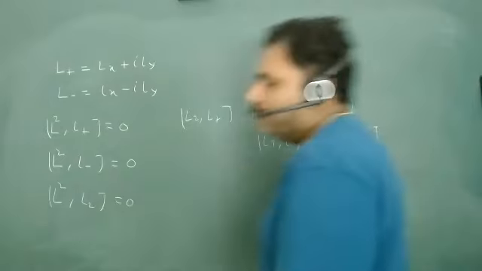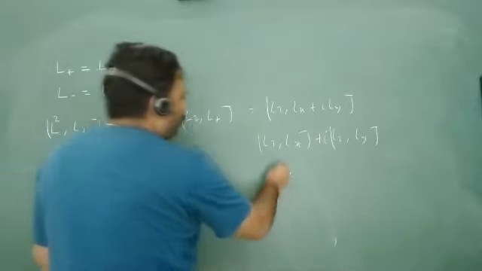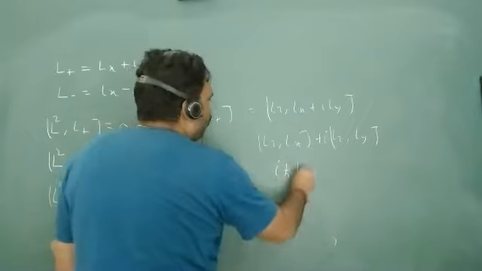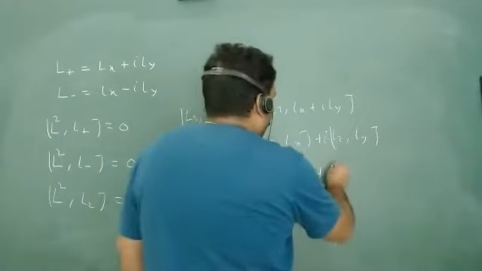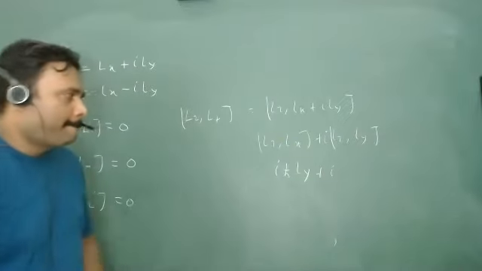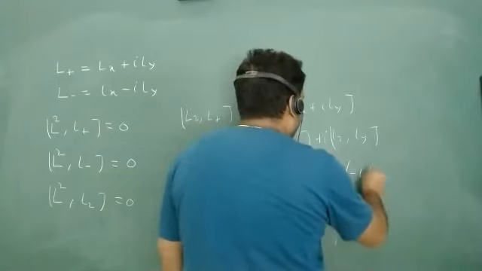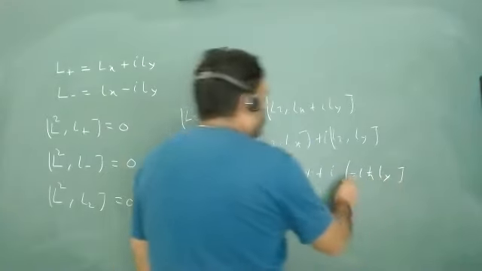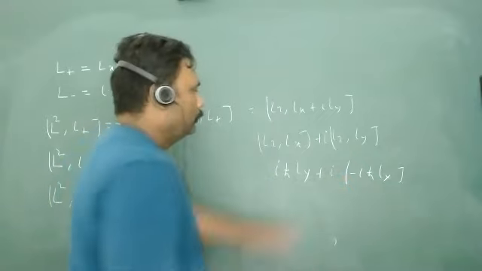What is the commutator of Lz and Lx? i h cut Ly. Very good. i h cut Ly, isn't it? Good. Now, what is the commutator of Lz and Ly? Minus i h cut Lx.